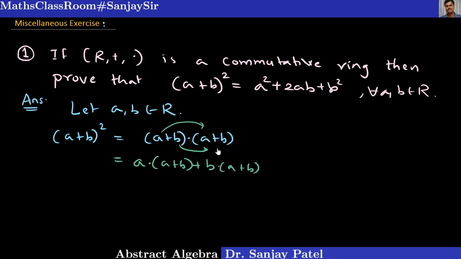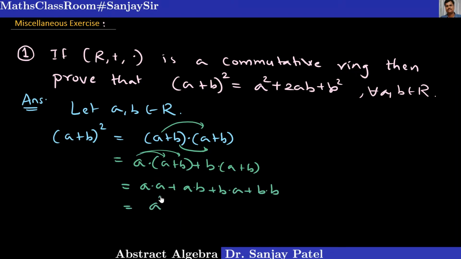You can fix this as x and use the right distributive law. Again, by the left distributive law, this we can further expand and write as a·a + a·b + b·a + b·b.